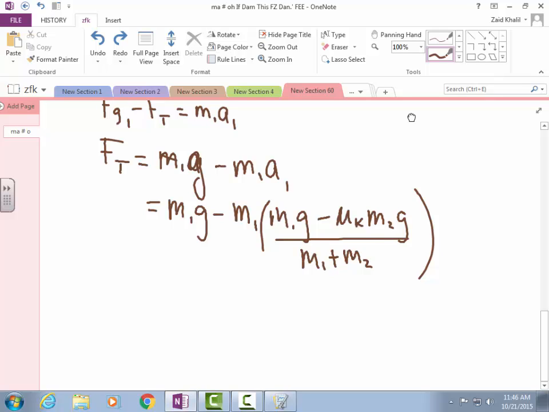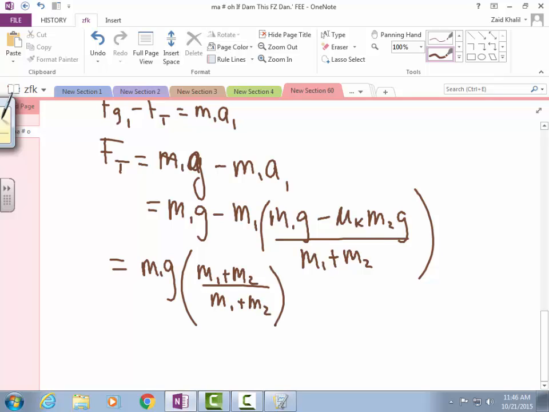M1 plus M2. She didn't want to say it because she'd be like, oh, that's going to be nasty. But whatever. The way you do it is you multiply M1G by 1, and the 1 you choose is the strategic one.